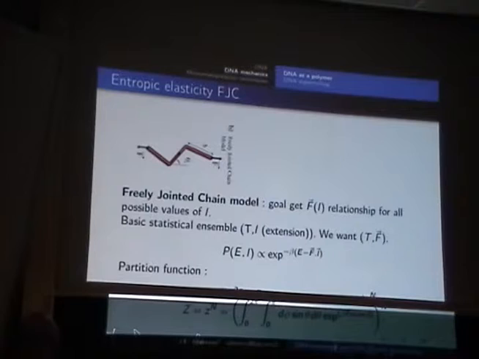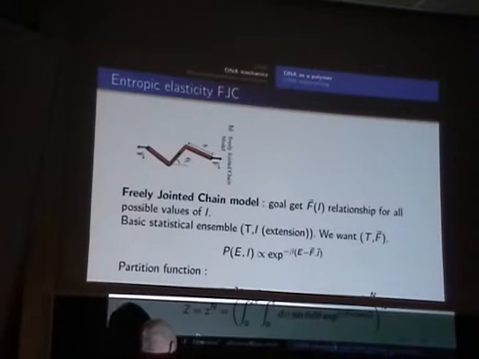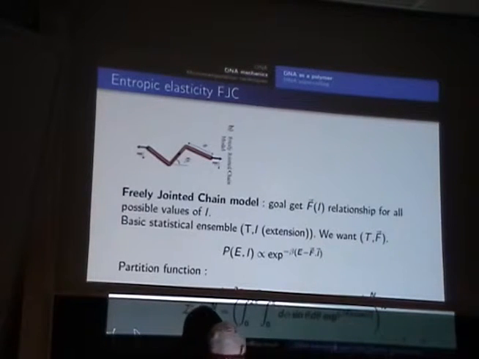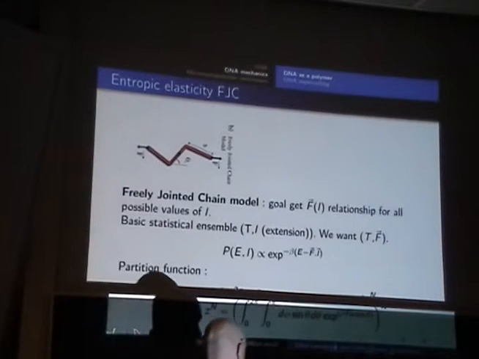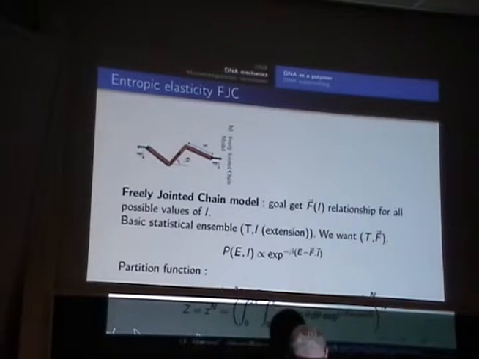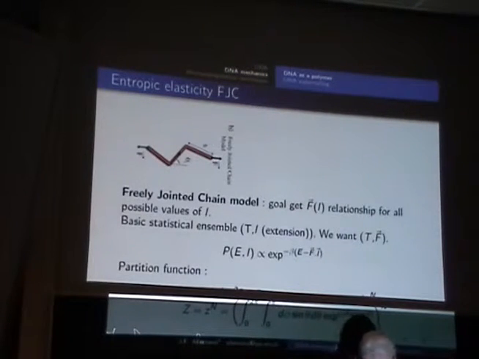So, in the freely jointed chain model, all the segments are independent. When you don't have any force, the force is equal to 0, any monomer wants to take every direction possible.